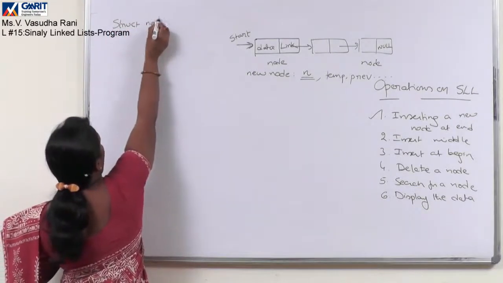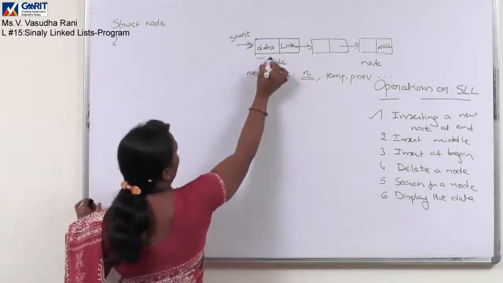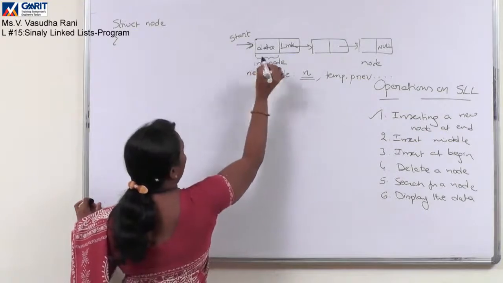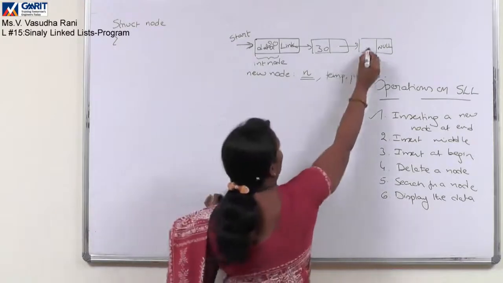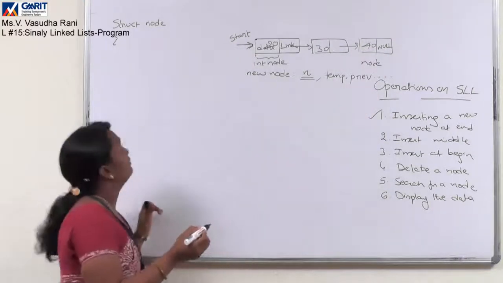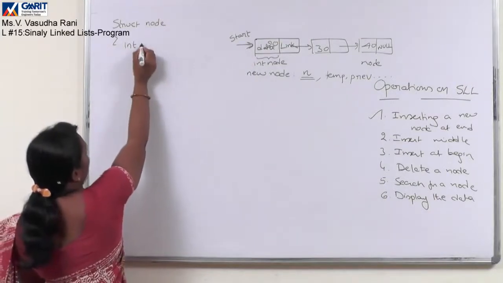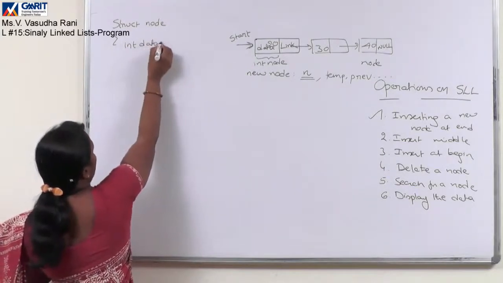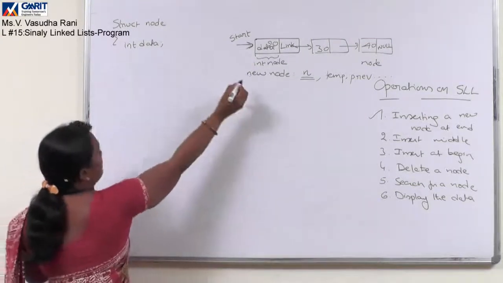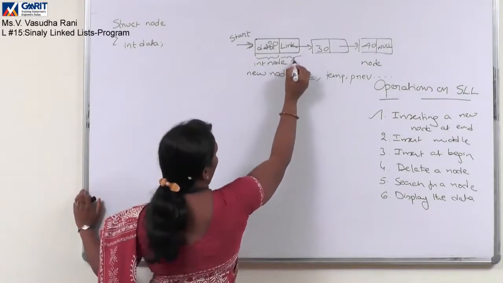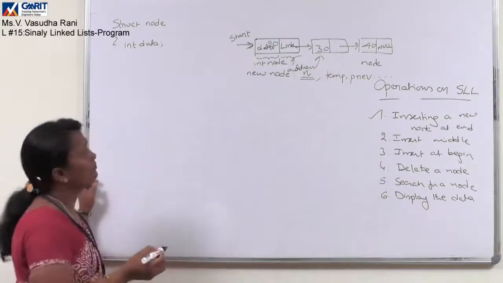Struct node. Node is having this data part. Let us consider some integer value, something like 20 is inserted here, 30 and 40 is inserted here. So the first part is declared as integer and it is the name of the field. First field is defined as data, and the second field is, as we know, it is the address of the second node.